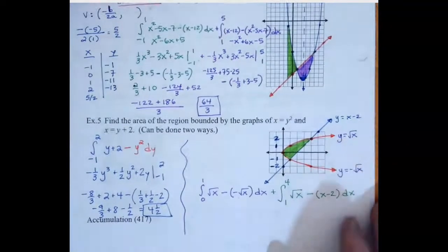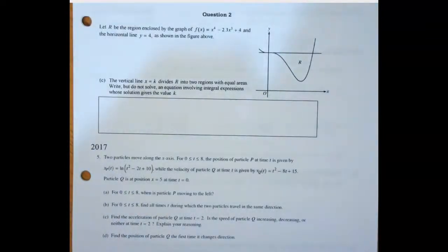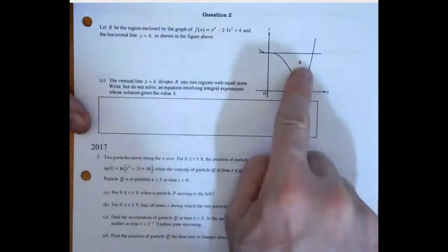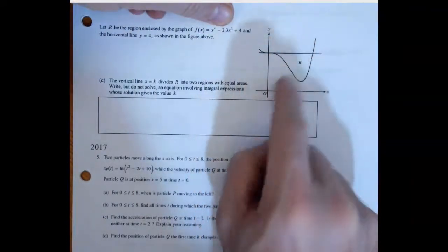So we actually do have a little review question here at the end. So let's take a look at that real fast. Let R be the region enclosed by this graph and the horizontal line.